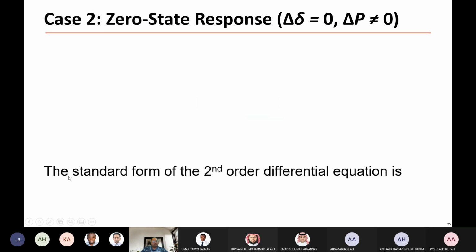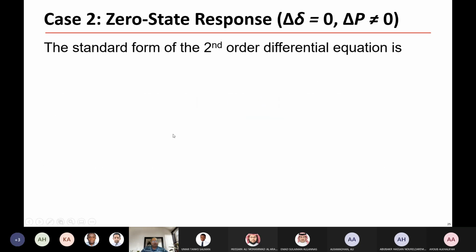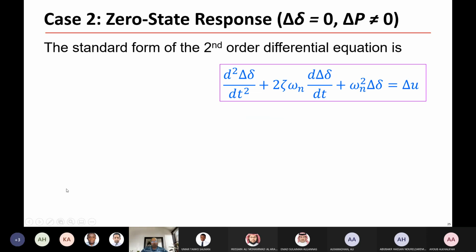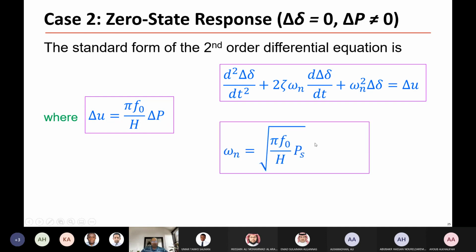The standard form of the second order differential equation has the input delta U. So you can compare and say delta U equal to delta P, the change in mechanical power, multiplied by f0 over H. And you can define omega n square again equal to this value.